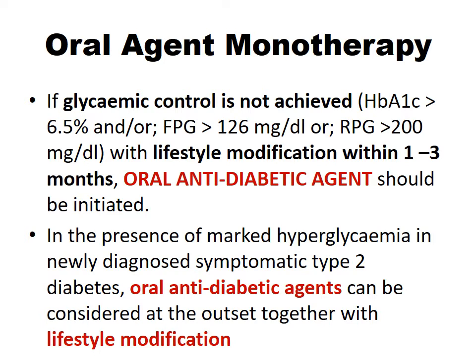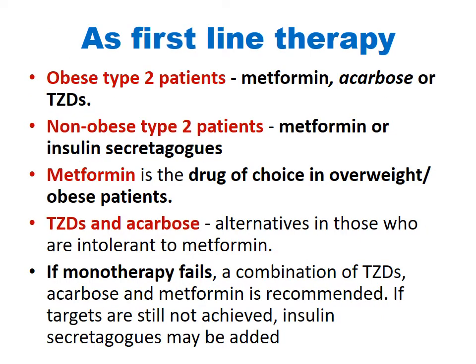In presence of a marked hyperglycemia in a newly diagnosed symptomatic type 2 diabetes, oral anti-diabetic agent can be considered with lifestyle. As first-line therapy in obese type 2 diabetes, it's usually recommended to give metformin, acarbose, or thiazolidinediones.